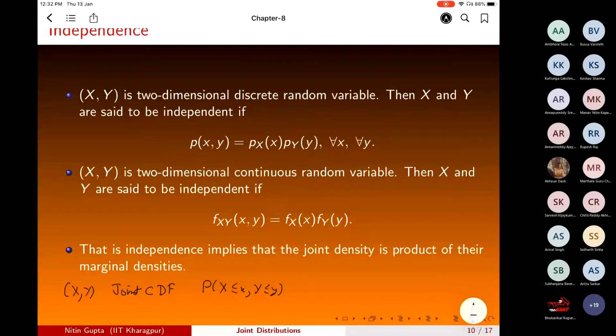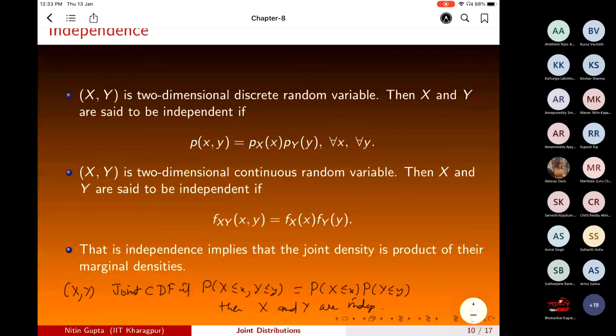If this can be represented as probability x is less than or equal to small x, times probability y is less than or equal to small y, then x and y are said to be independent.